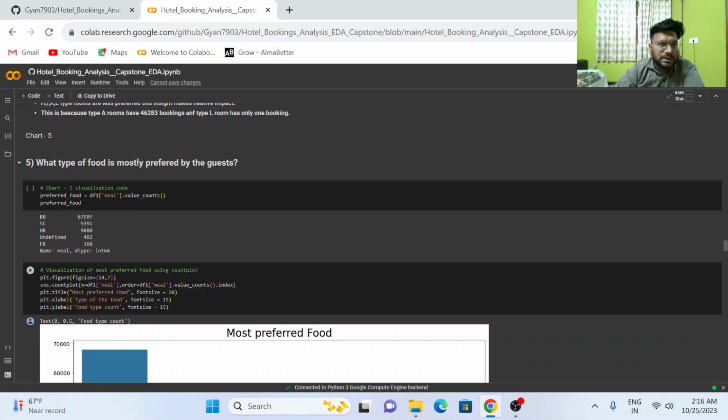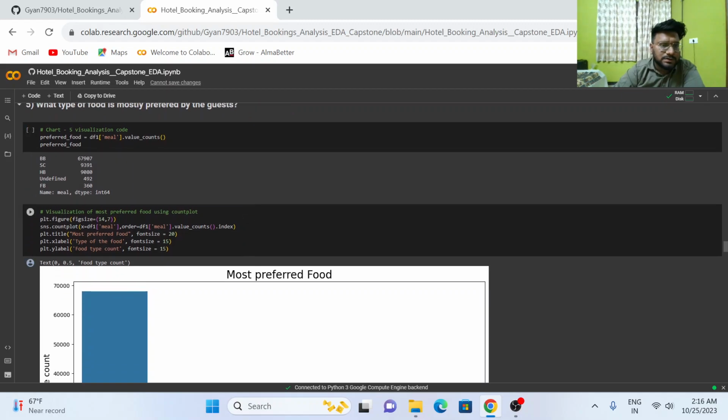Next one would be the type of food which was mostly preferred by the guests.